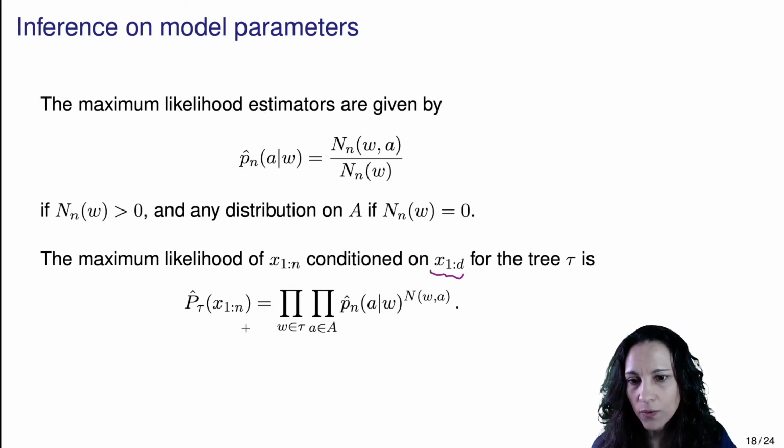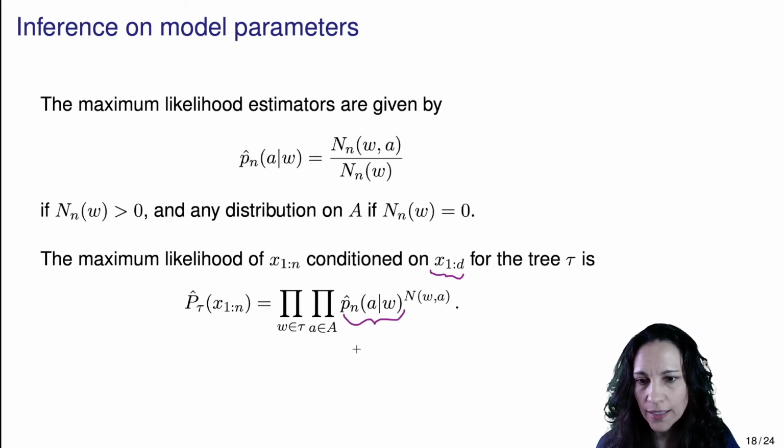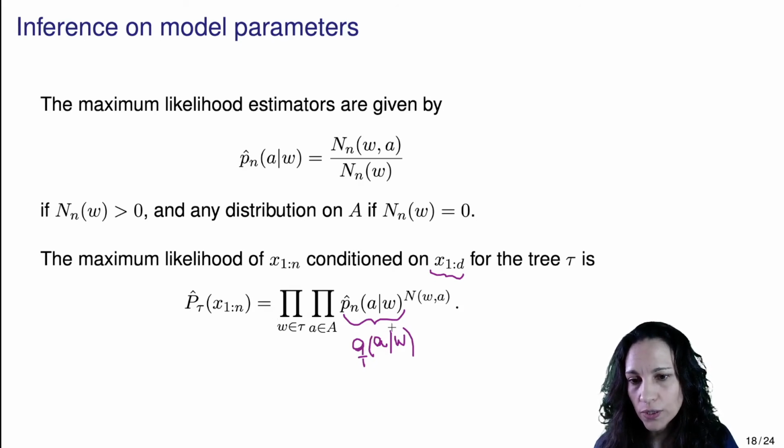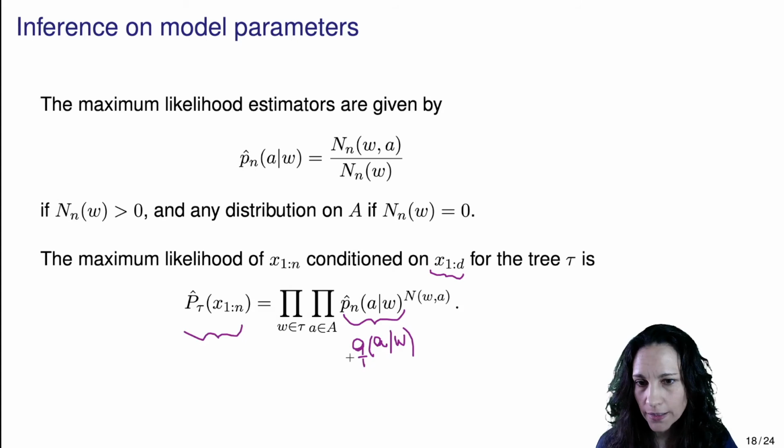So here we have replaced, if you remember, before we had here any probability distribution over A. So we had here q of a given w, that was any transition probability. And in this definition, we substituted this q of a given w by the maximum likelihood estimator. So this is the maximum value the likelihood can have for any transition probability.